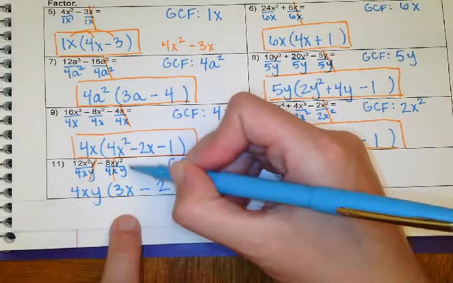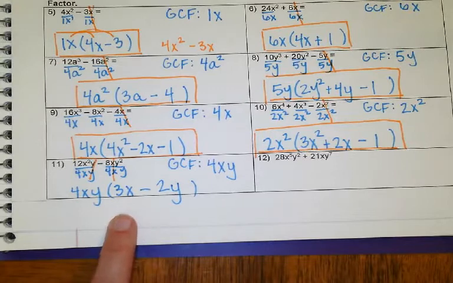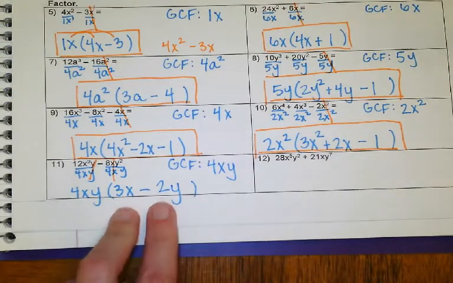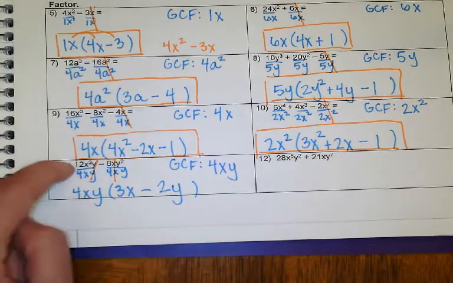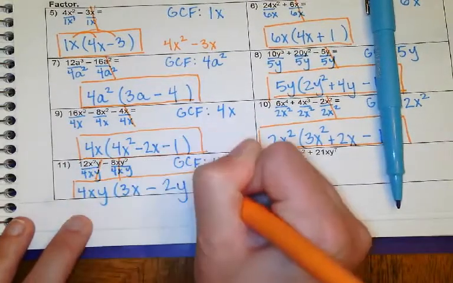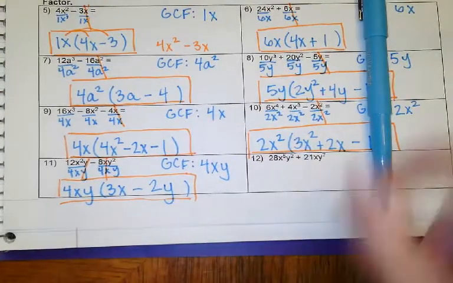On the y's, I divided one out, so I'm left with 1 remaining. In my parentheses, nothing is left in common, which is good. And if I distributed this back, it would make my original problem. Okay, if you haven't tried it, I would pause the video and try number 12 just to check and make sure you're on the right track.